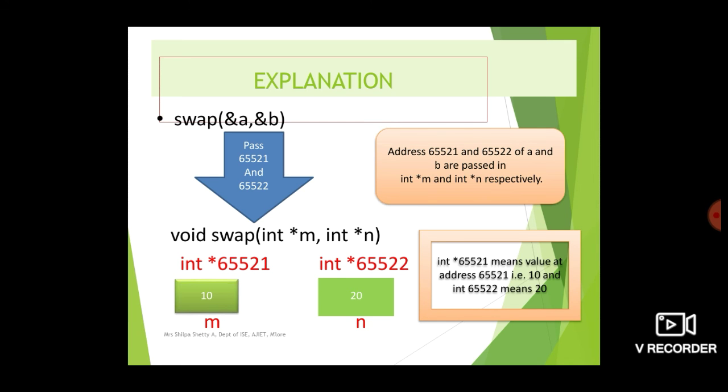That means A and B both are the same. So when you write star 65521, it means the value at address 65521, that is 10. Similarly, star 65522 means it is 20. So these values will get swapped now.